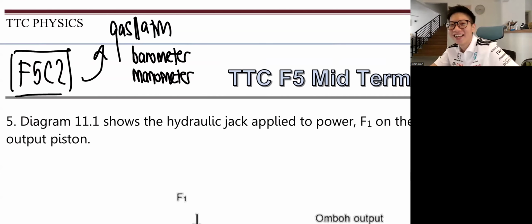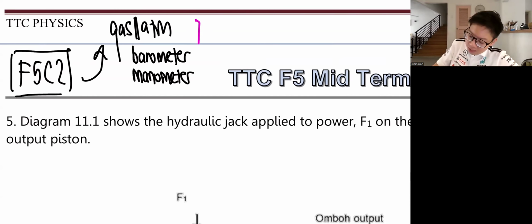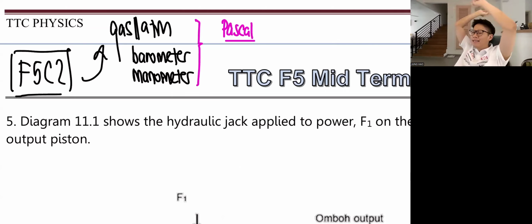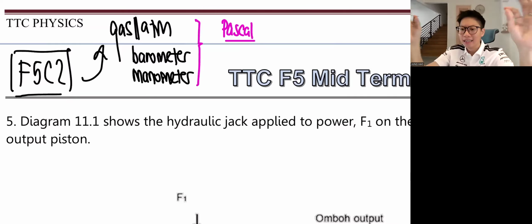Okay, Terry. Okay, can. Now, manometer, guys, you self-study lah, must study lah. Do it yourself lah. Okay, Pascal confirm. Literally every human being that I know says Pascal principle will come out.